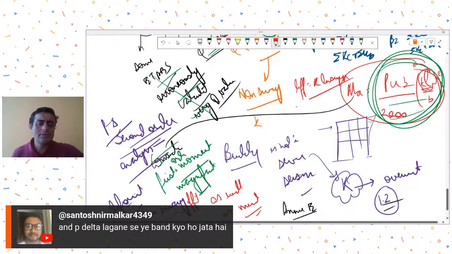So because P delta has been run, the software will not take any k value. It will say that because you have done the P delta, you need not consider the additional moments now, and you be happy with the P delta analysis results.